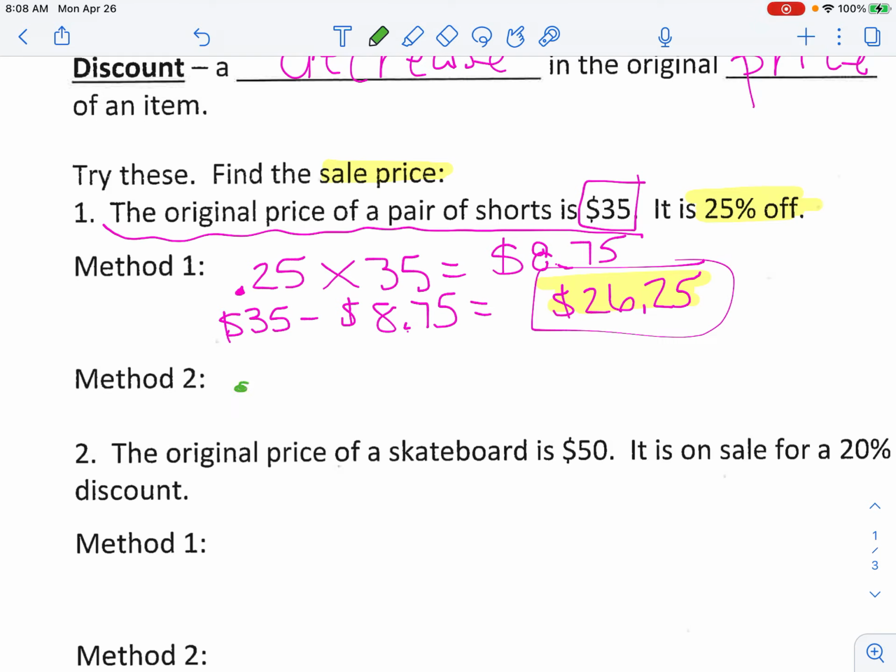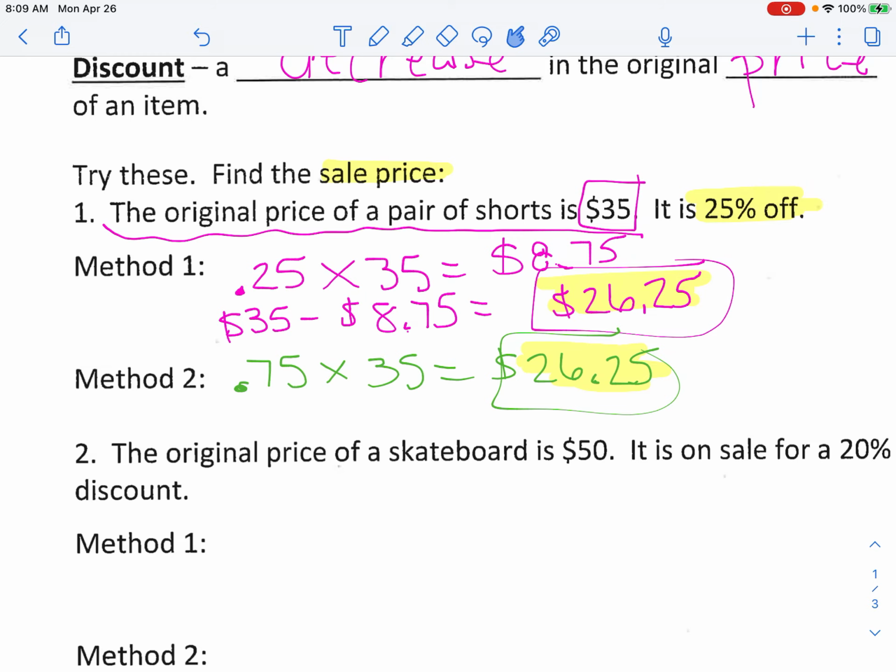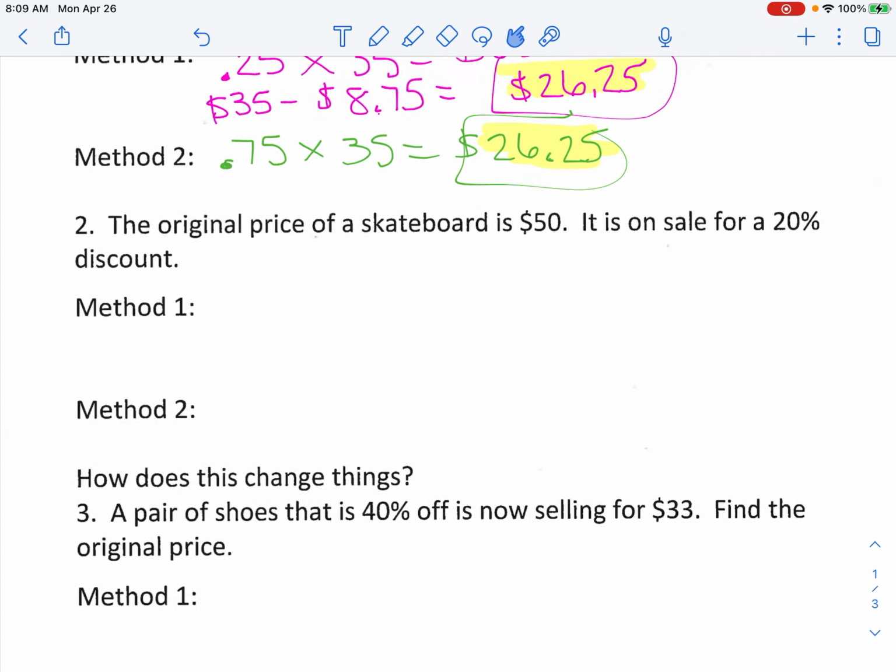If you're going to pay 75% of the cost times 35, if you go to your calculator and multiply 0.75 times 35, it takes you immediately to the final answer, $26.25. Method 1, find the discount, subtract the discount from the original price. Method 2, find the percent that you're paying and multiply that times the original price.